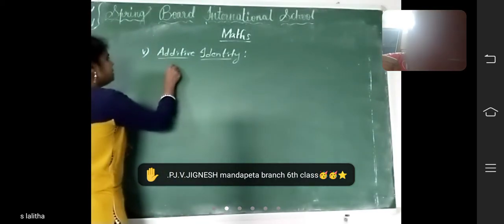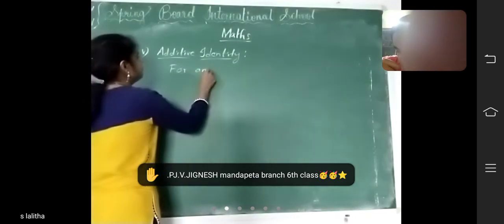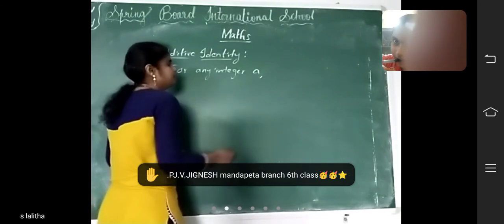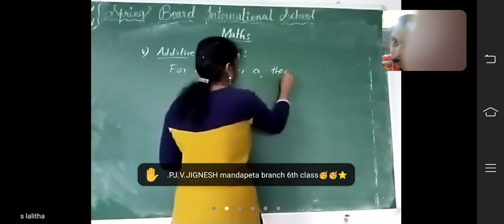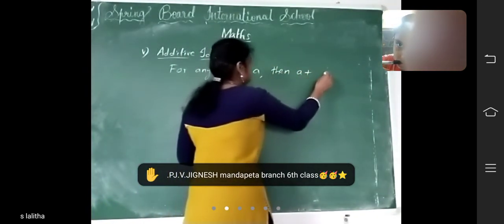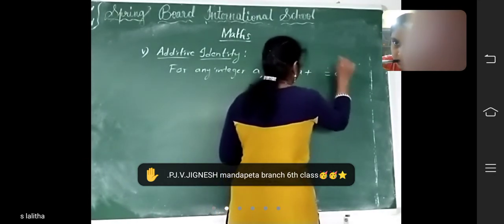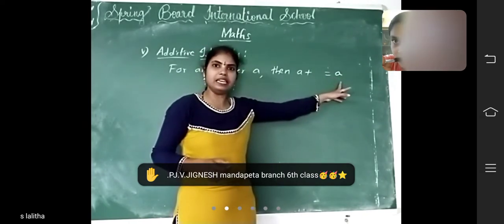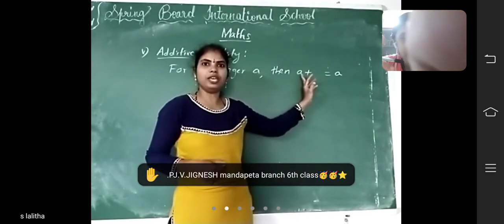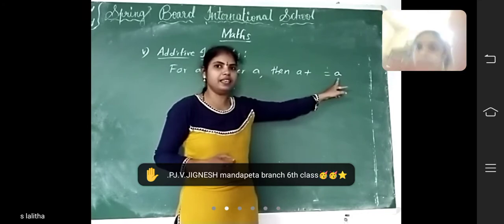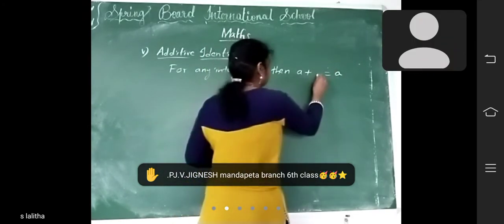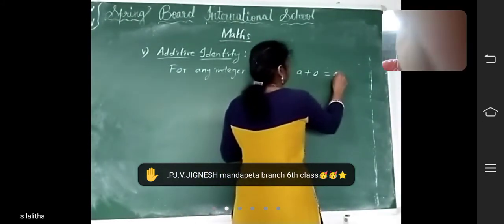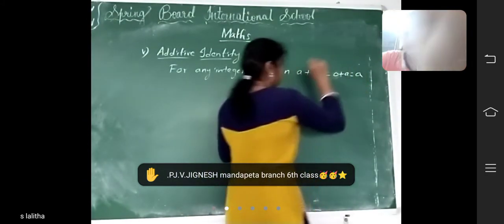For any integer a, a plus blank equals a. Which number should you add to a to get the same answer a? 0. Then a plus 0 is equal to 0 plus a equal to a.